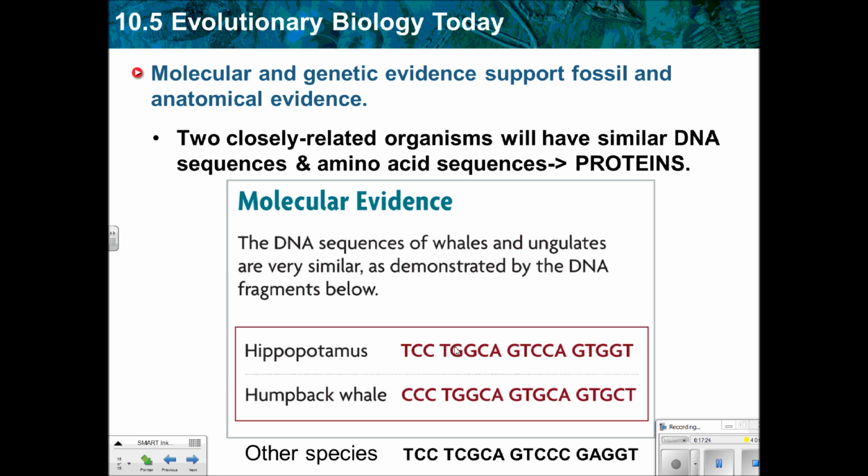If there's more similarities, they're more closely related. Is the hippopotamus and the humpback whale pretty closely related according to this little teeny strand of DNA? Exact. One difference here. Exact. And one difference here. That's molecular evidence.